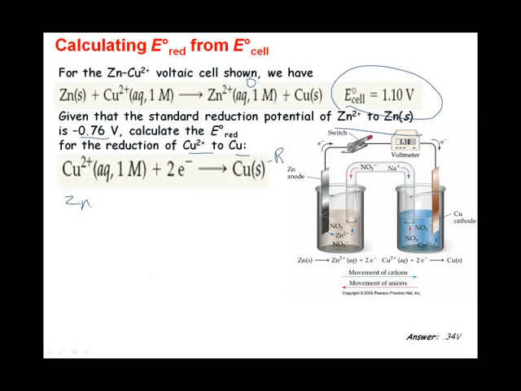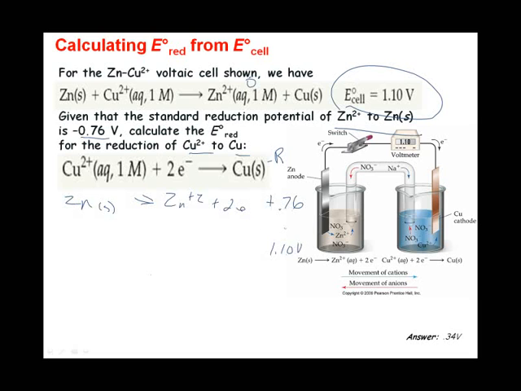The zinc will go from zinc solid to zinc plus 2 electrons, and we'll reverse this charge to be plus 0.76. So the whole thing is going to be 1.1 volts.